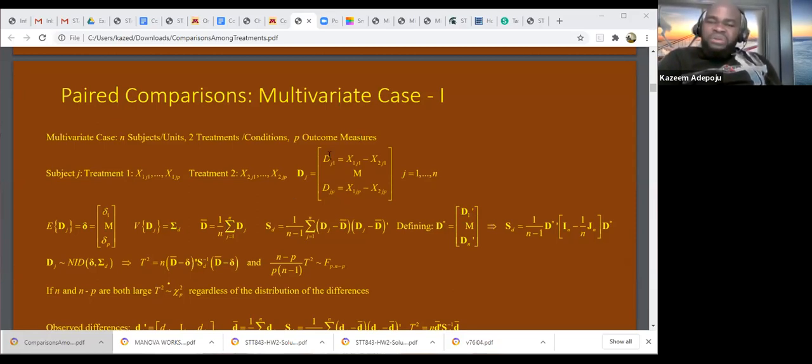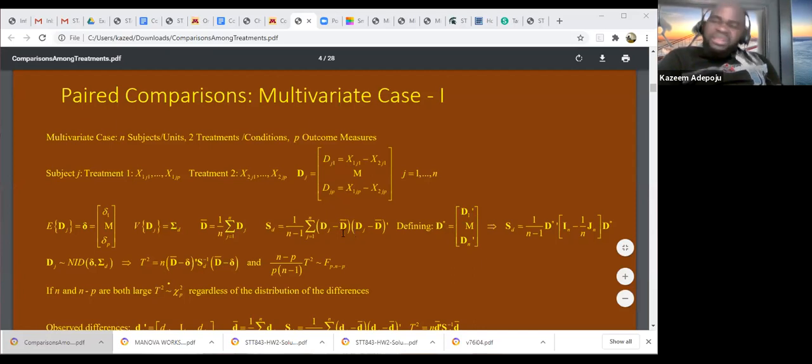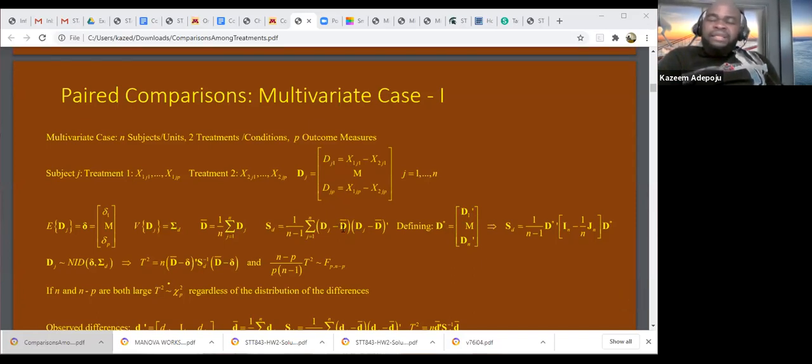We can find the mean of each of these differences using the formula right here. And we can find the variance of each of the differences, as well as the covariance of each of the differences. And that's exactly what we're doing right here. And then when you find this one here, this is a way to express that.